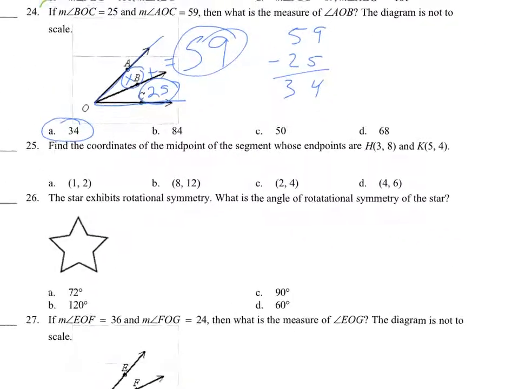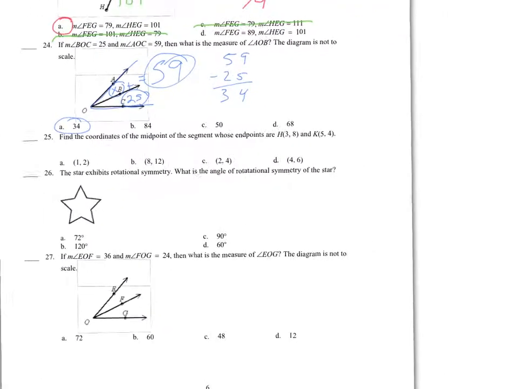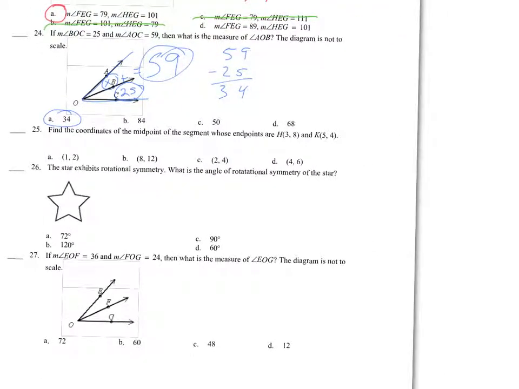Okay, 25. Find the coordinates of the midpoint. You remember the midpoint formula was x1 plus x2 over 2. And the formula for the y coordinate would be y1 plus y2 divided by 2.